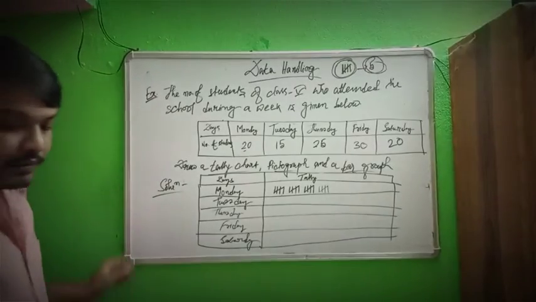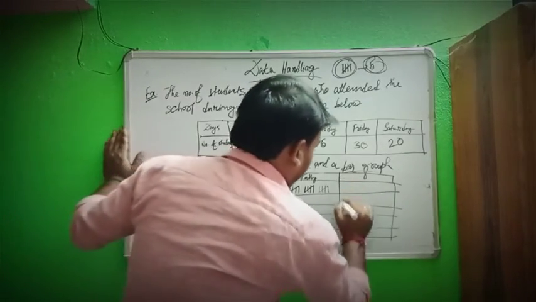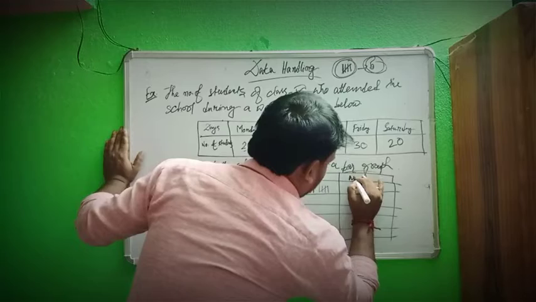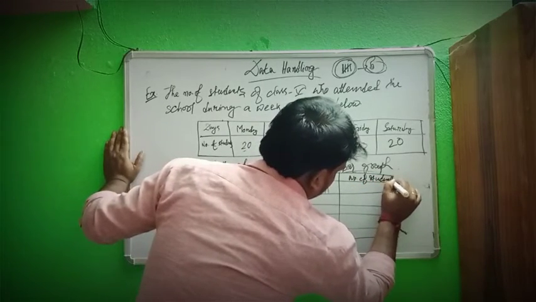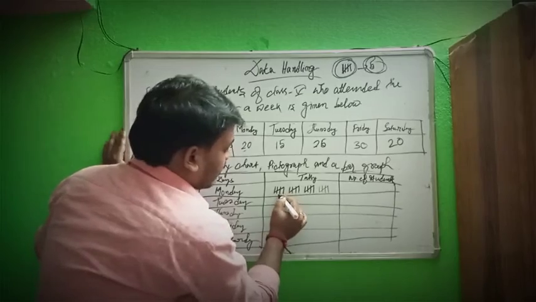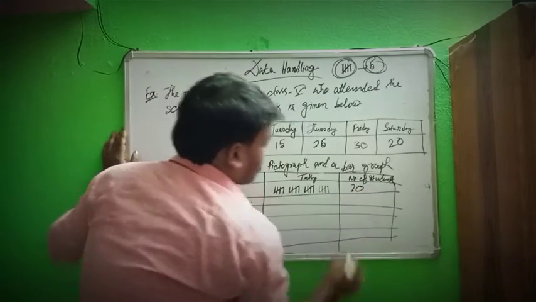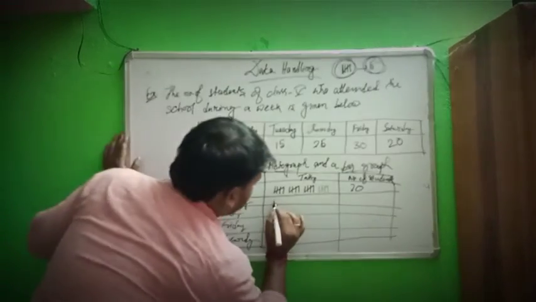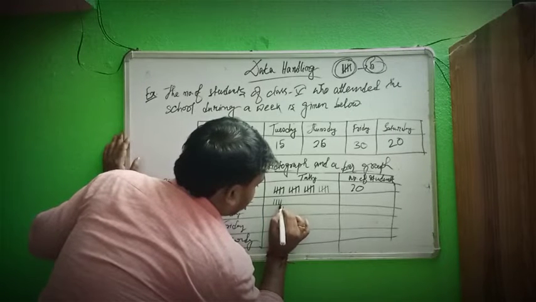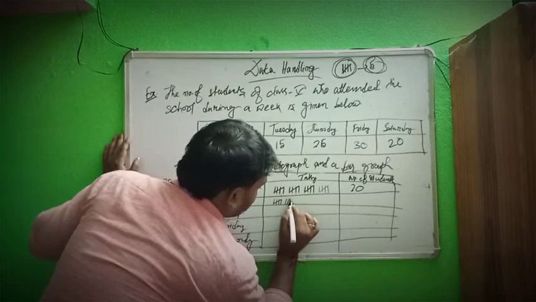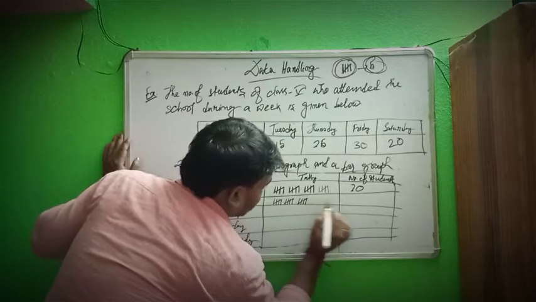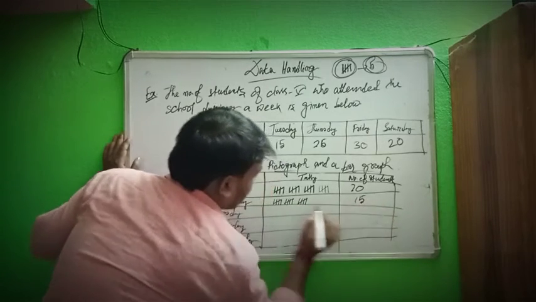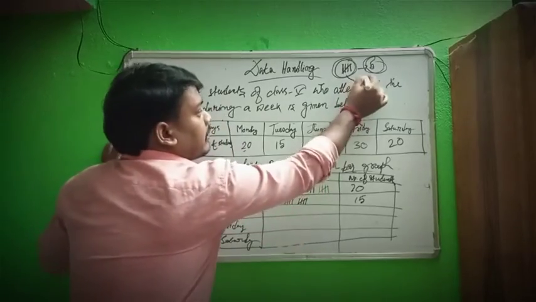You can also write number of students here. So this represents 20. Next one is 15: three groups of 1, 2, 3, 4, 5. So the number of students is 15, because each group represents 5.